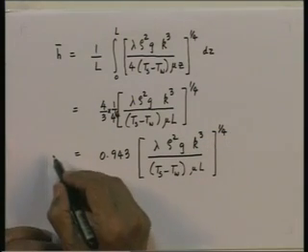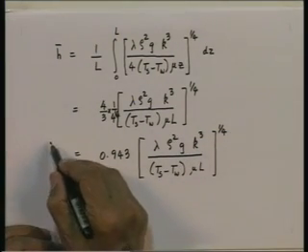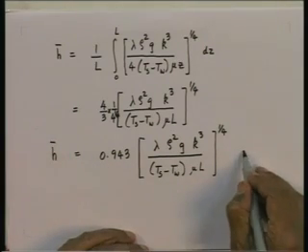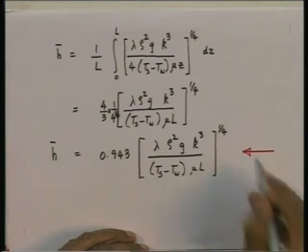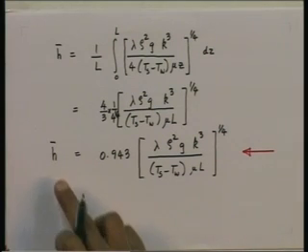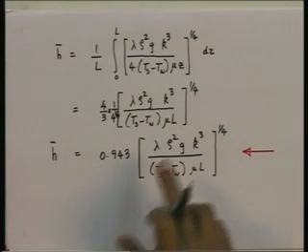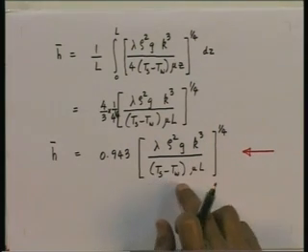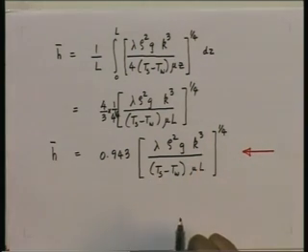So, this is our expression for h bar, and this is the next important expression which we wanted to derive. We wanted to derive an expression for h and an expression for h bar. So, h bar is 0.943 lambda rho squared g k cubed upon T s minus T w mu L, the whole thing to the power of 1/4.